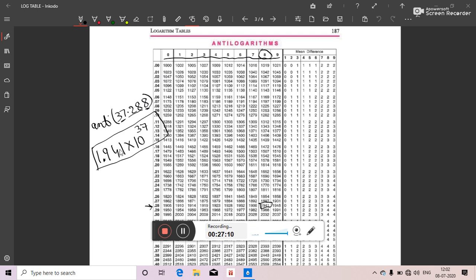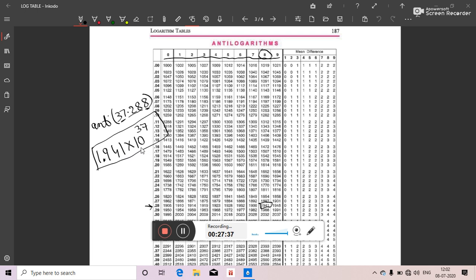And in anti-log, whatever you get as the answer, after the first digit you have to put a decimal point. So here in 1941 the first digit is 1, so after 1 you put the decimal point, and it becomes 1.941. Now this 37, which has not been used to find the anti-log, can be written as a power of 10, that is into 10 raised to 37.